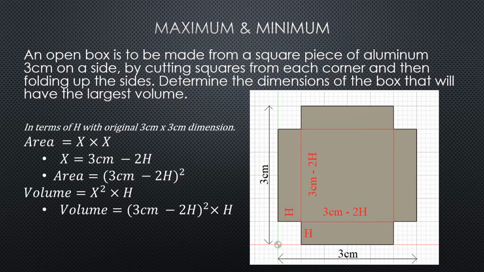Now that we've got the x's in terms of h, can we also get the volume in terms of h? Instead of being x squared times h, now we've got 3 centimeters minus 2h, that term squared, times h.